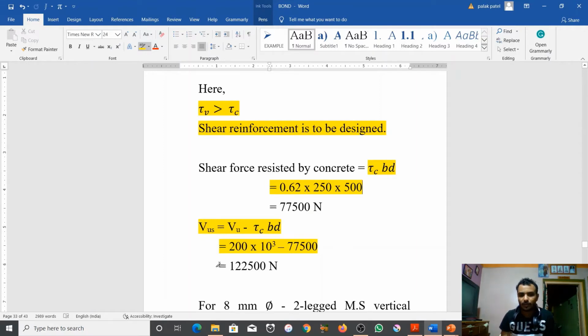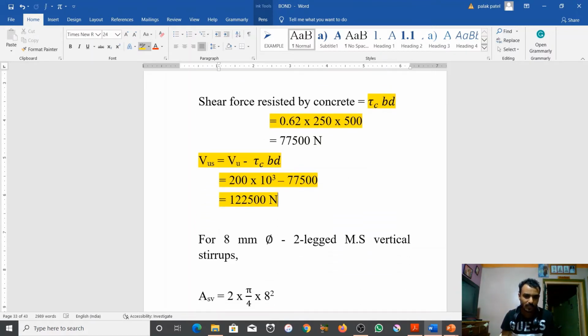So we put all the values in and we get Vus as 122500 Newton. This Vus is the shear force which we have to resist by stirrups.